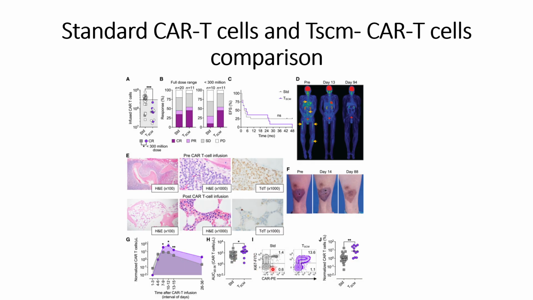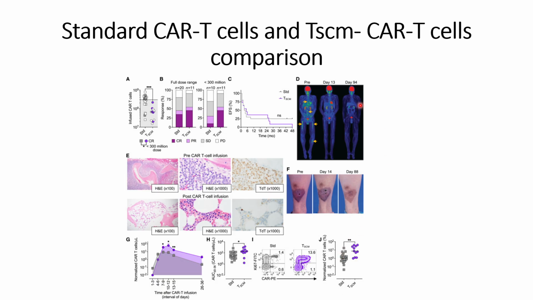And this expansion is further validated using the proliferation marker Ki67, and they can see that the standard CAR-T cells have a low percentage that are CAR positive and FITC positive, whereas stem cell based CAR-T cells are more positive, around 13.6% compared to 1.4%. They quantified these in panel J, where we can see that the CAR-T cells circulating in the patient are significantly higher in the T stem cell based CAR-T cell conditions compared to the standard CAR-T cell conditions.